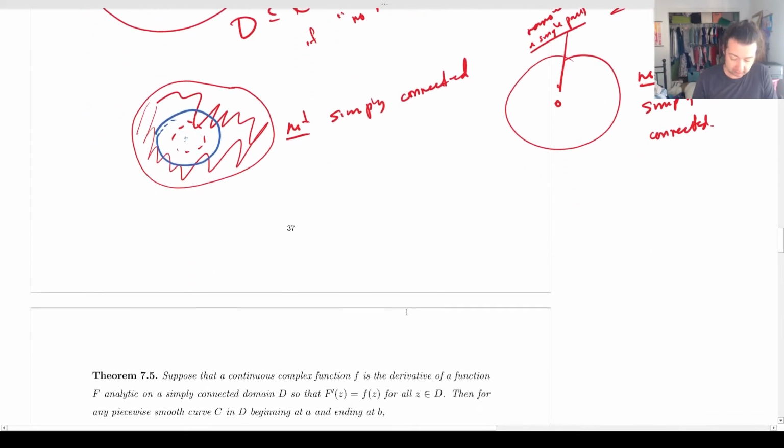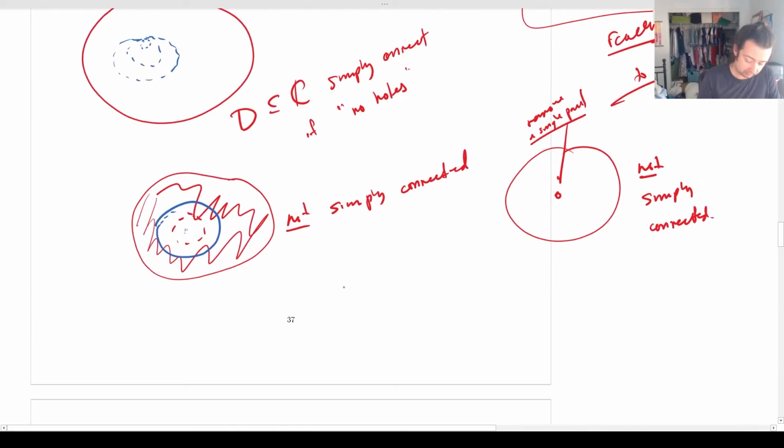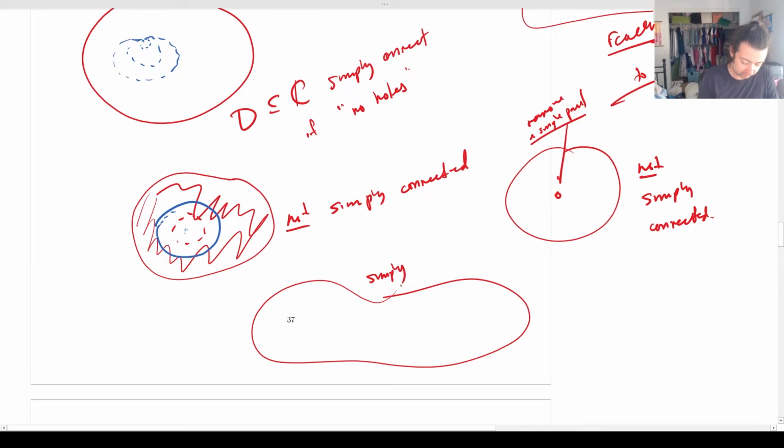Other examples of simply connected domains might look like this. So this domain is simply connected. They don't have to be circles. Okay, so again, without going into the technicalities of the topology, a simply connected domain is a domain with no hole inside of it.